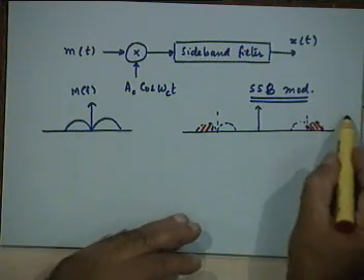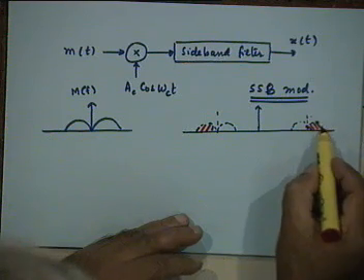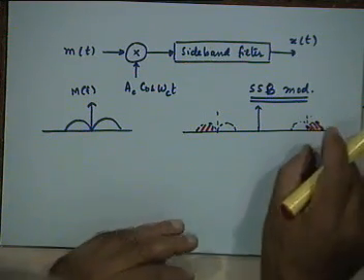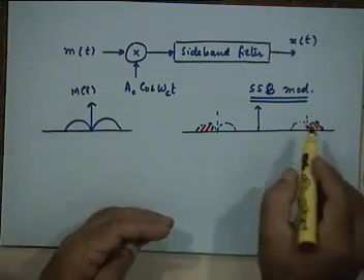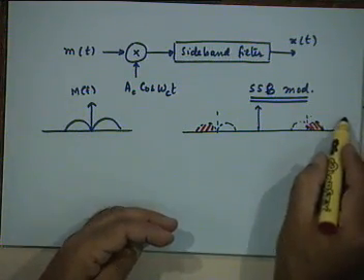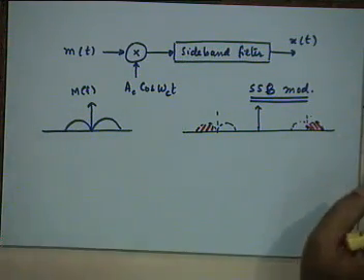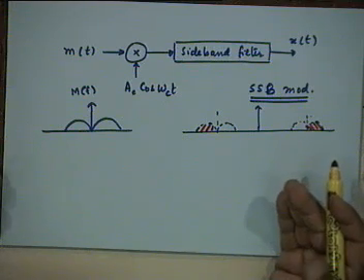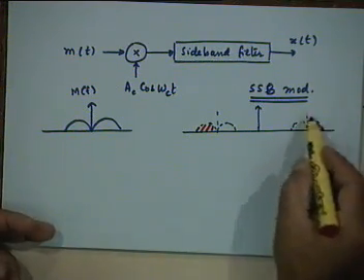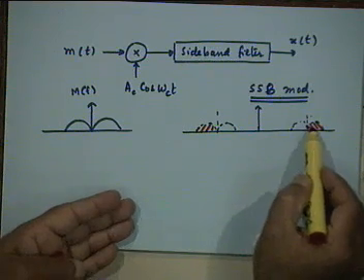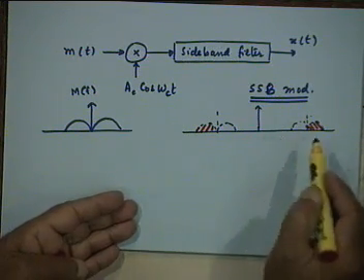A high pass filter, right? Or we should have a band pass filter here, which will only pass this portion of the spectrum and reject everything else. Theoretically a high pass filter will do. In practice we'll of course use a band pass filter, right? So theoretically a high pass filter will be able to separate out the upper sideband from the lower sideband, right?